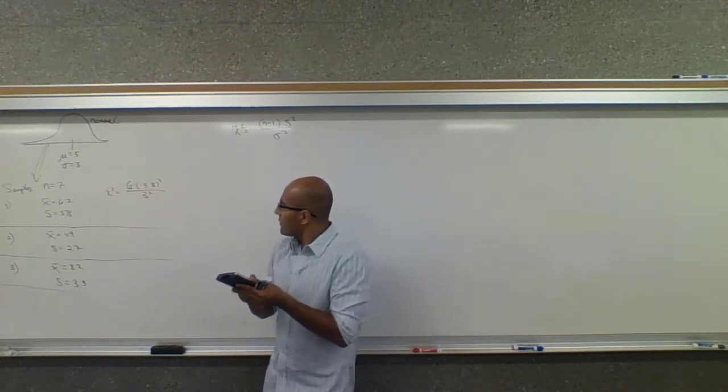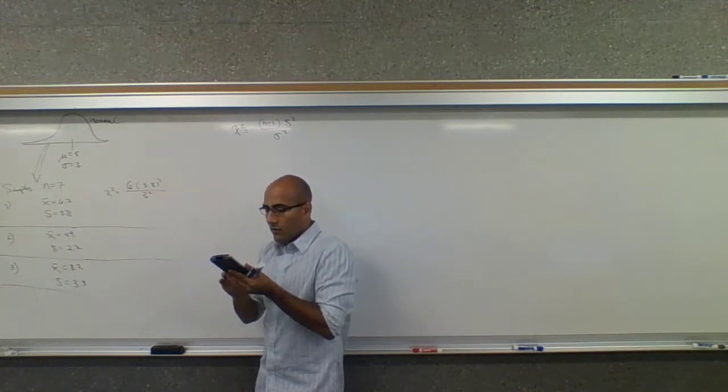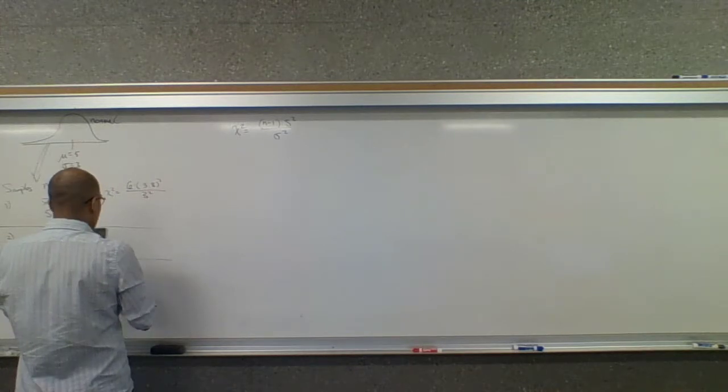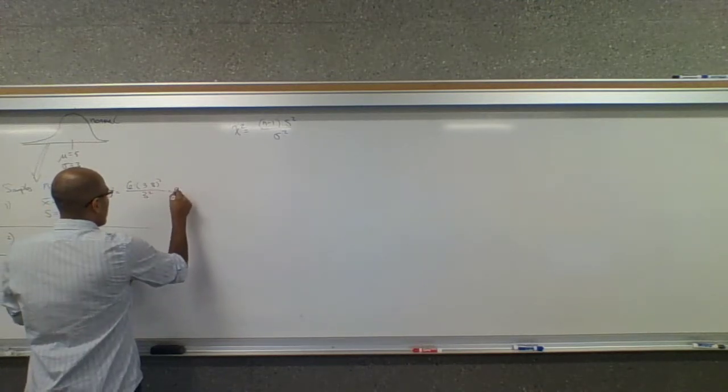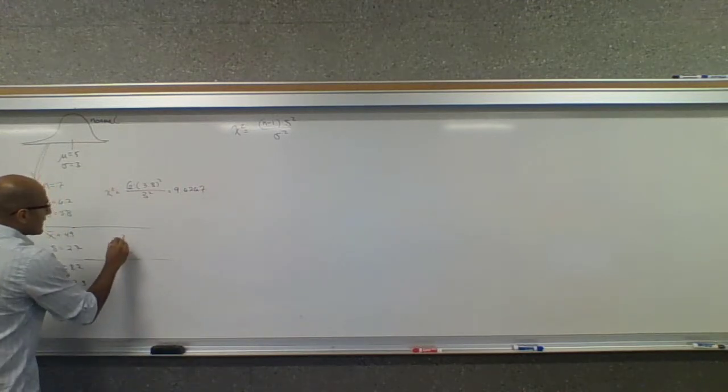That's going to be 3.8 to the second power times 6 divided by 9. I get 9.6267. Okay, now let's find this chi-squared.